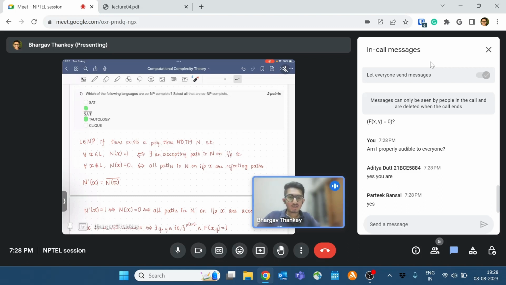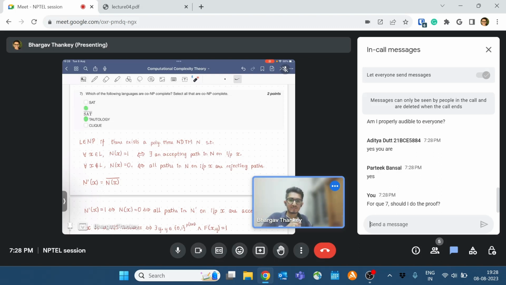Okay, so let me write what I was saying in the chat. For question 7, did you see in class that these two languages are co-NP complete, or should I do a proof of that?